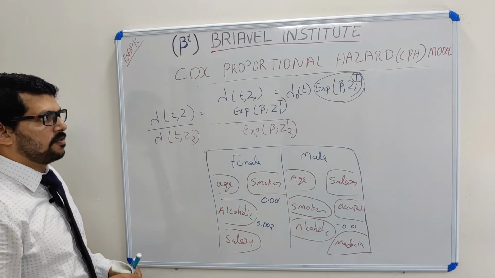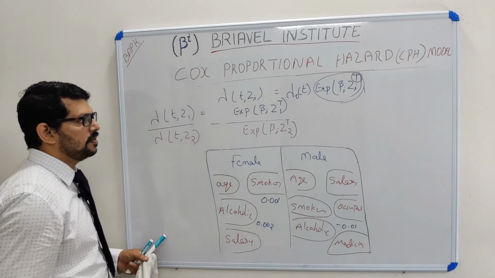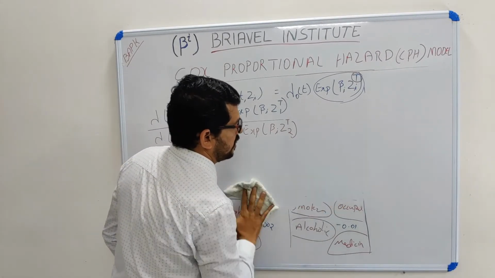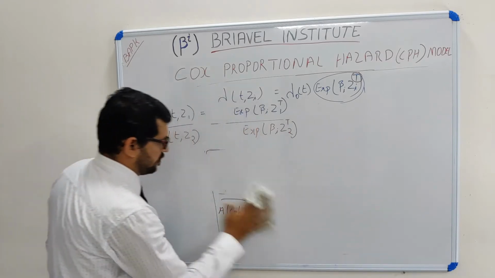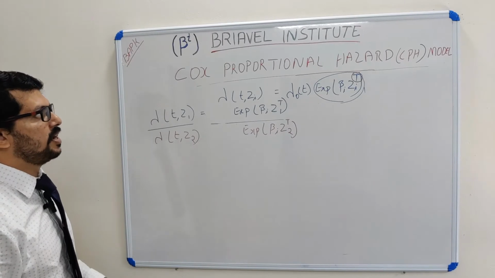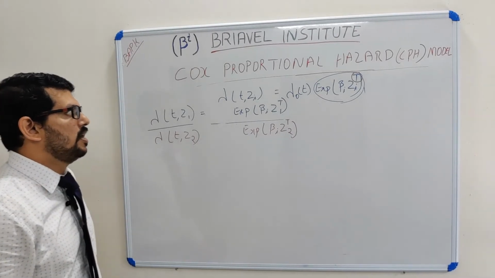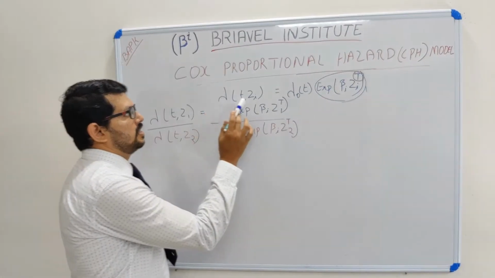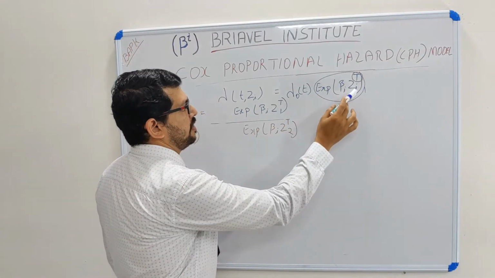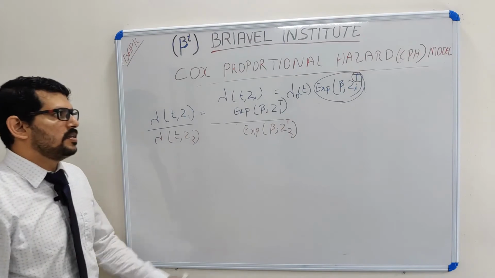So we'll solve one more problem, then we'll understand how to calculate the hazard rate and how to apply it. In this chapter, I explained the Cox proportional hazard: lambda t zi is equal to the baseline hazard, the regression parameter and the covariates.